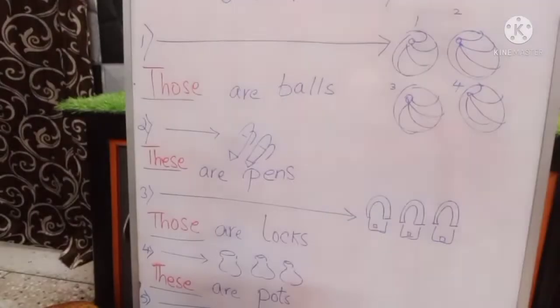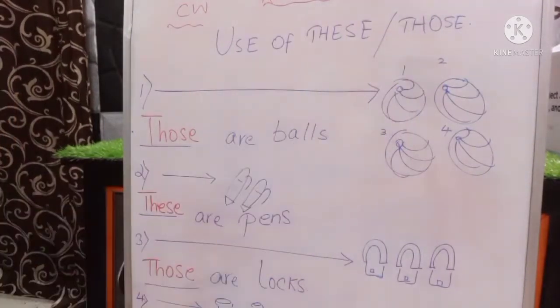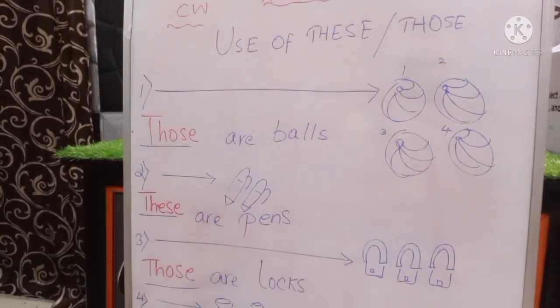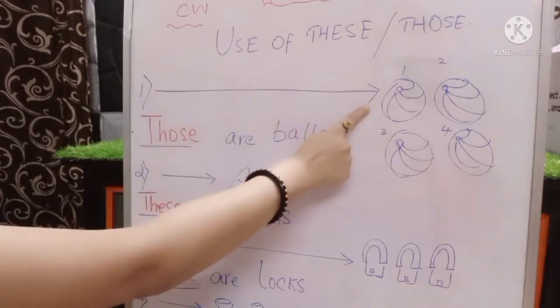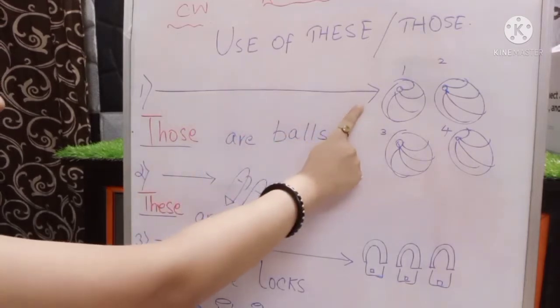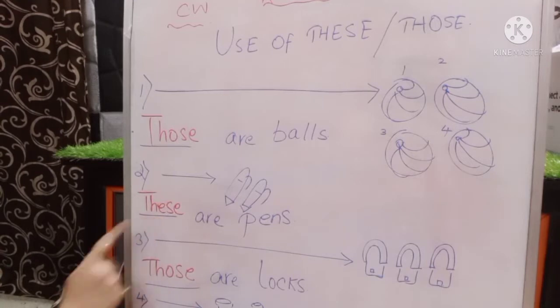Clear? When we do this, use of these and those, you have to keep few things in mind. You have to check pictures which are there. It's more than one. Then you will check it is far or near. So if it is far, you write those. If it is near, you write these. Done?